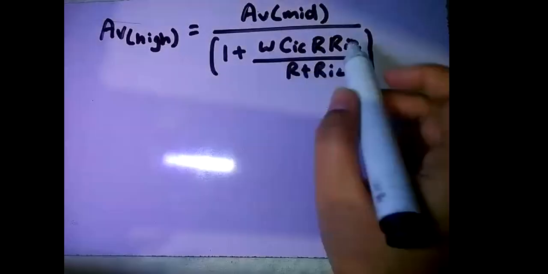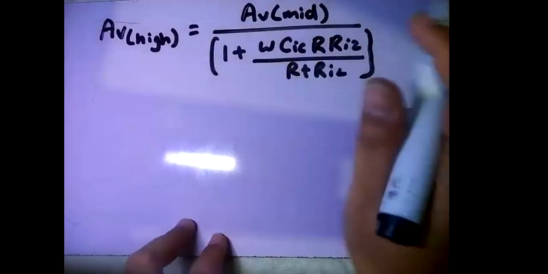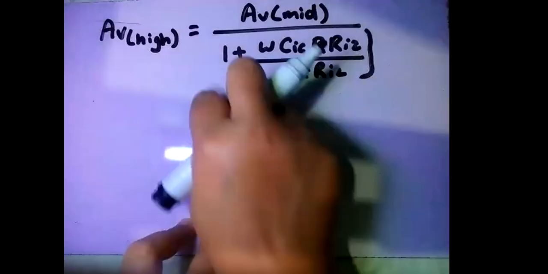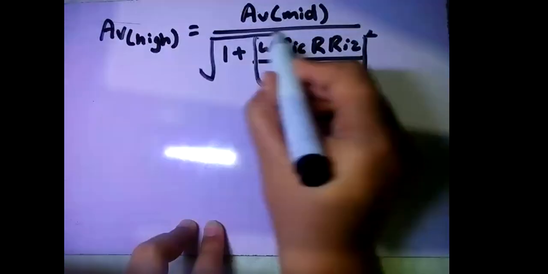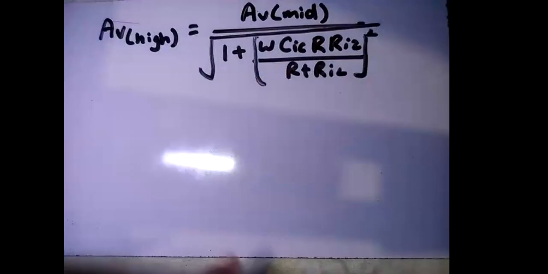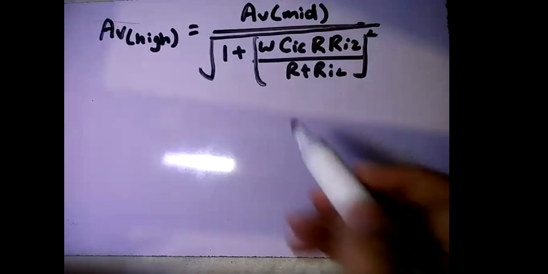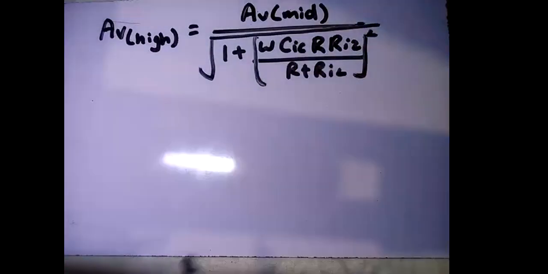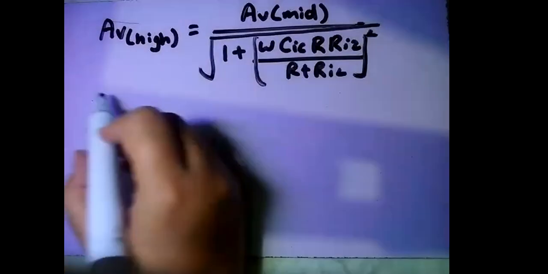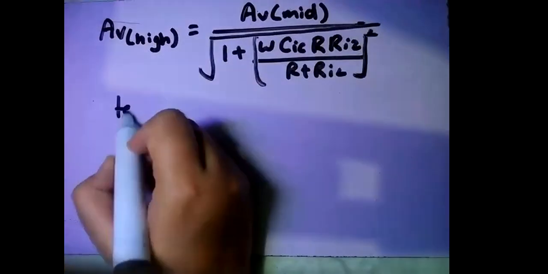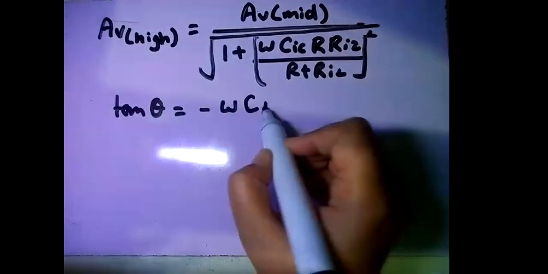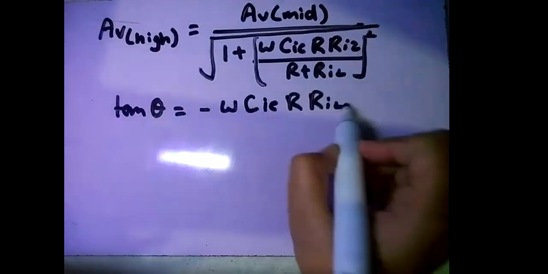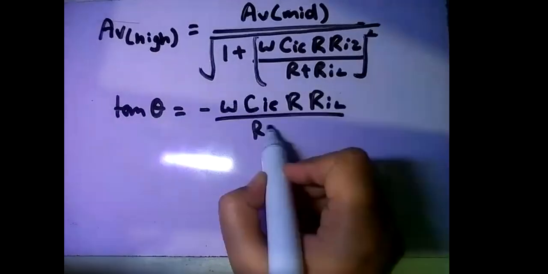We can take it in a resultant form by considering the square root. We take the square of each term and then the square root in the resultant form. So this is the relation. Now, in order to measure the phase angle, this radical term will represent the angle, that is, tangent theta is equal to negative of omega CIE R RI2 divided by R plus RI2.